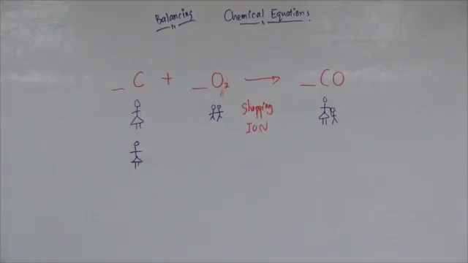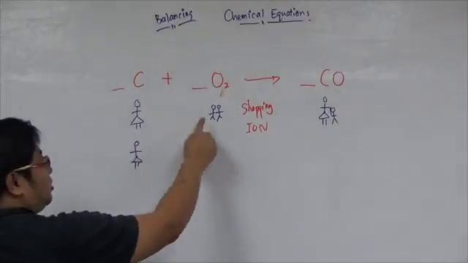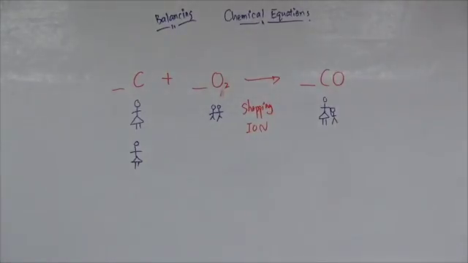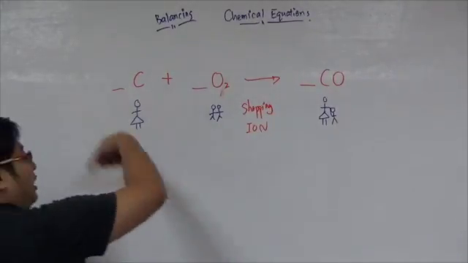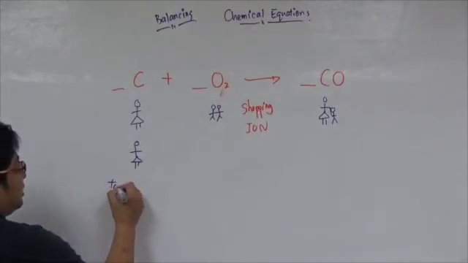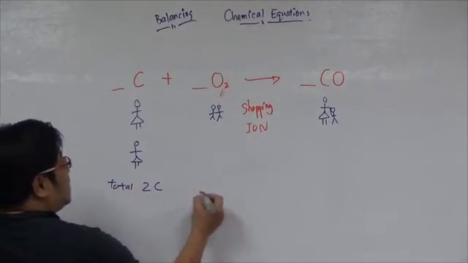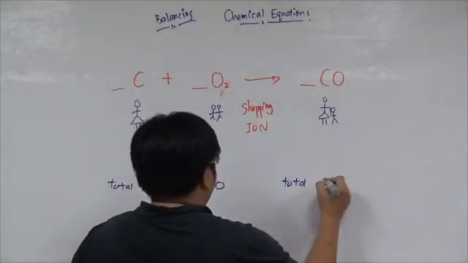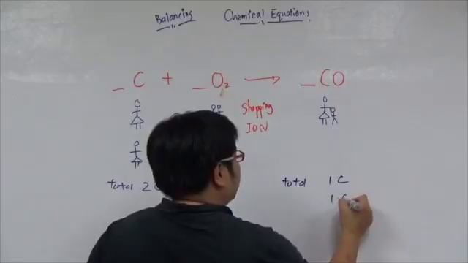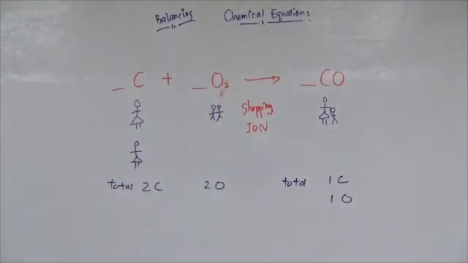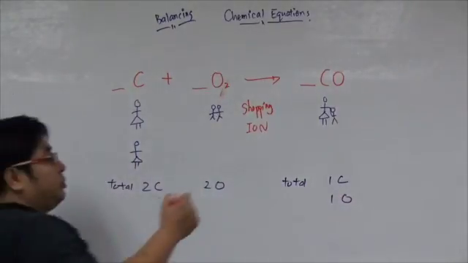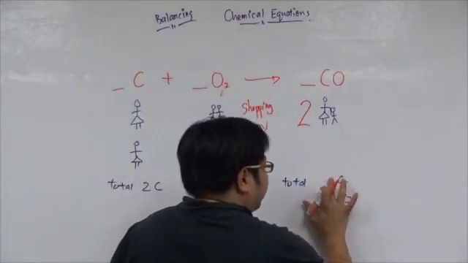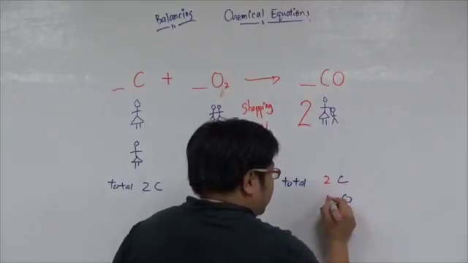Then one lady holds one boy's hand, and another lady holds one boy's hand. There are 2 C and 2 oxygen here, but there is only 1 C and 1 oxygen there. So put a 2 there. Why not pick 2 pairs? Therefore there will be 2C and 2O.